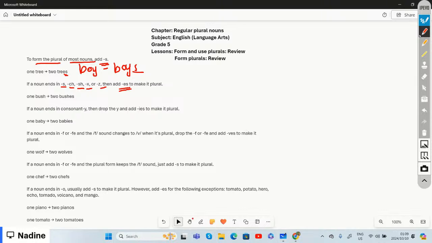And an example is a word that ends with an SH, bush. One bush, two or more bushes. And as you can see, we added an ES only to show bushes.